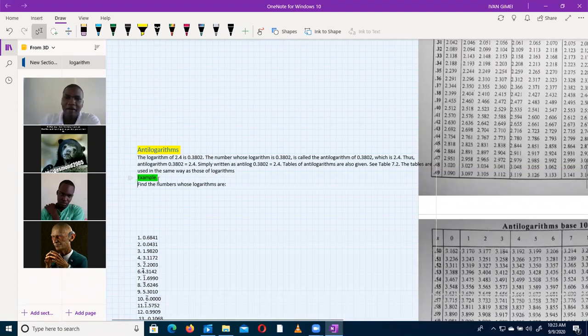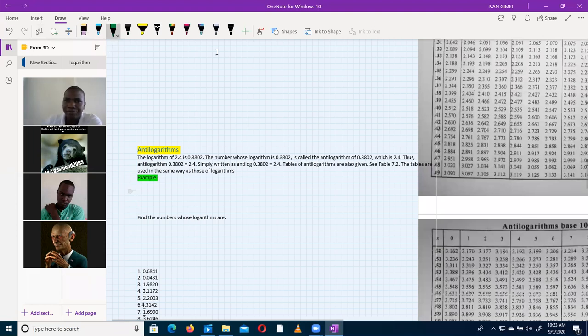Let's say we say that the logarithm of 10 to base 10 is 1. Now, in this case, they will simply say find log of x base 10 is 1.